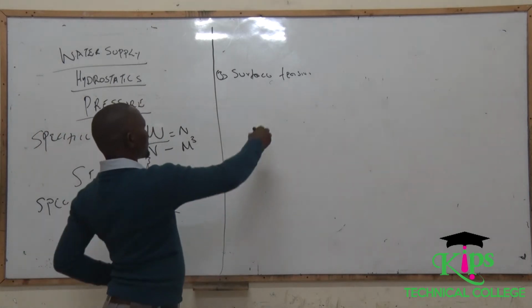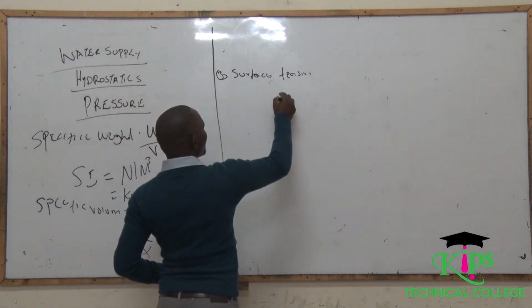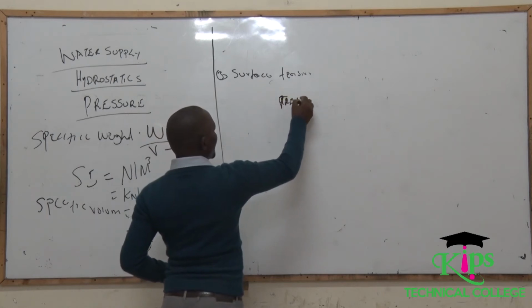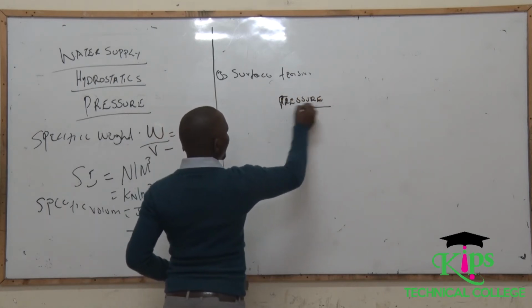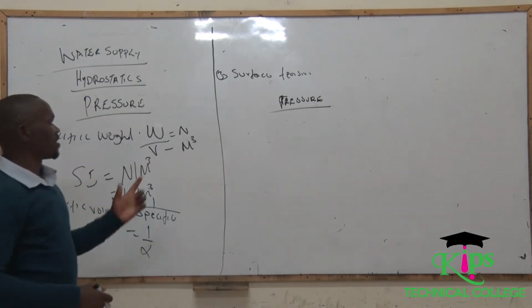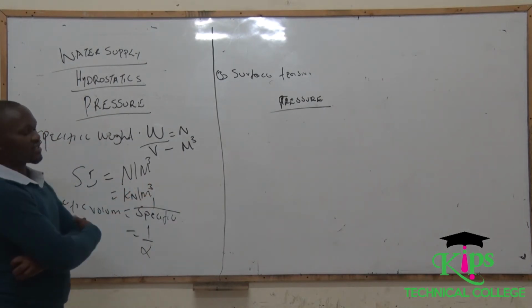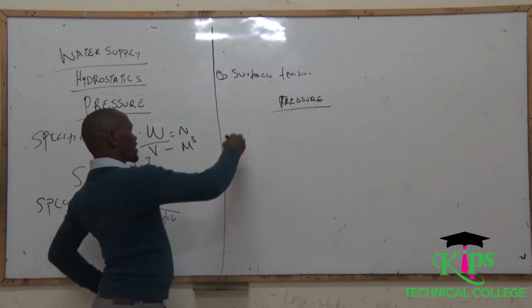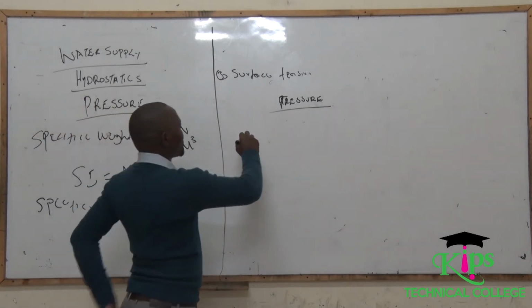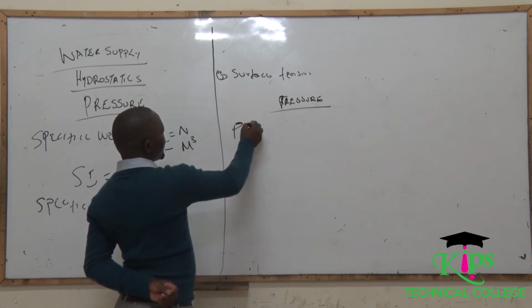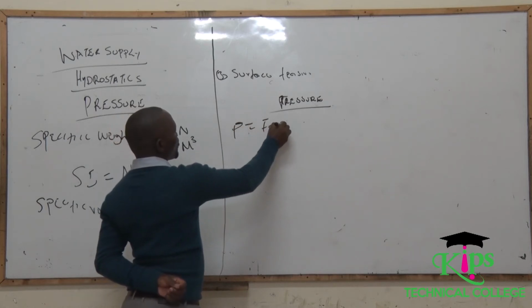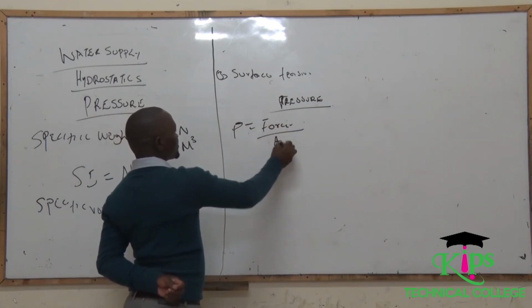So for this class, I wanted to talk about pressure. To start, we need to talk about the types and definitions of pressure, and how we can use various equipment to measure pressure. Pressure is the force acting normally, or perpendicularly, per unit area.